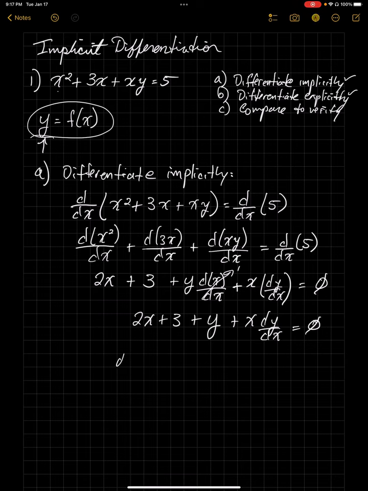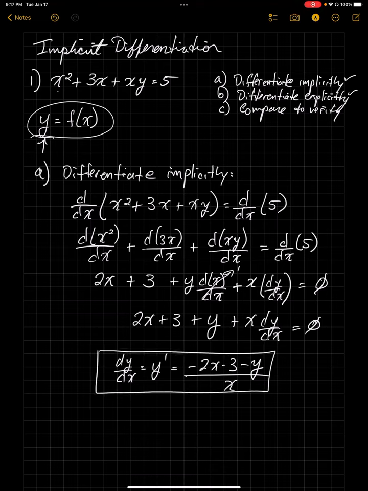And so we can say dy by dx, which using Newton notation is y prime, equals negative 2x minus 3 minus y, all divided by x. And that's the result that we get when we differentiate implicitly.